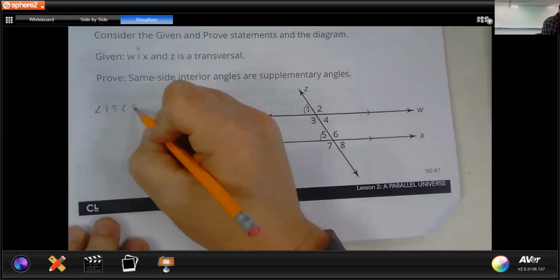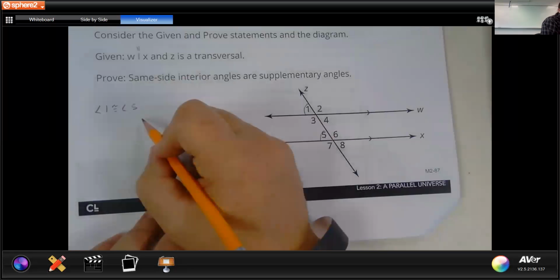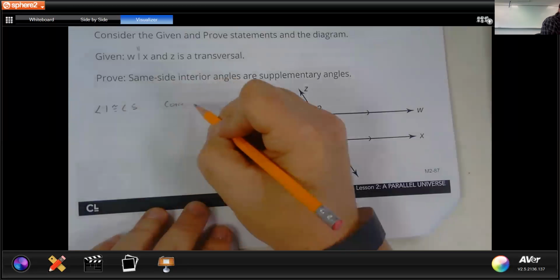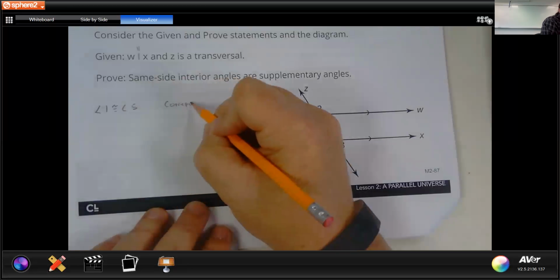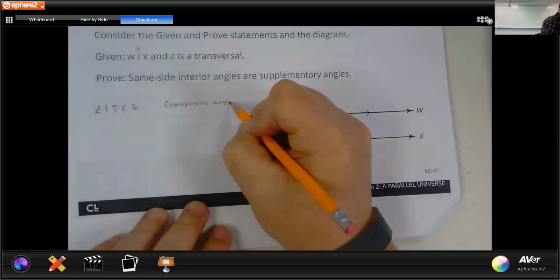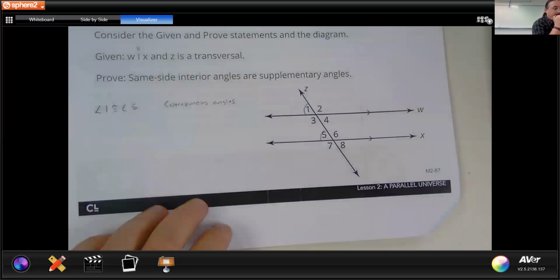This is the side work you should be doing every time you work on a proof. And why can we say that they're congruent? Because they're corresponding angles. All right, we already showed that earlier in the lesson.